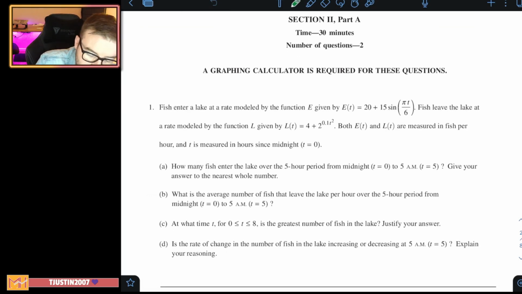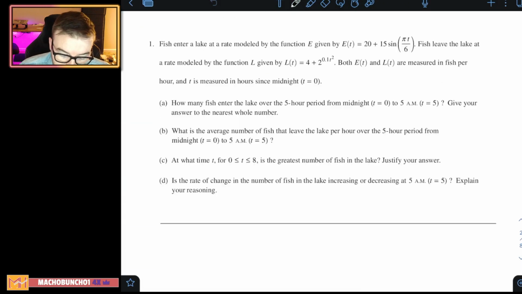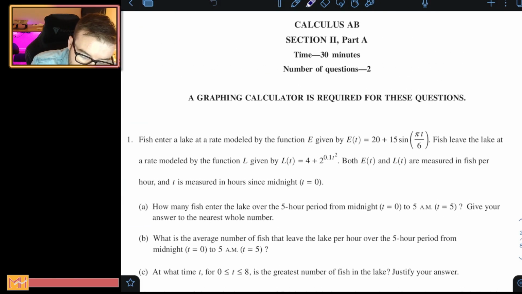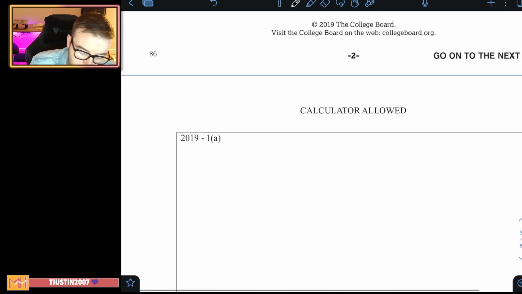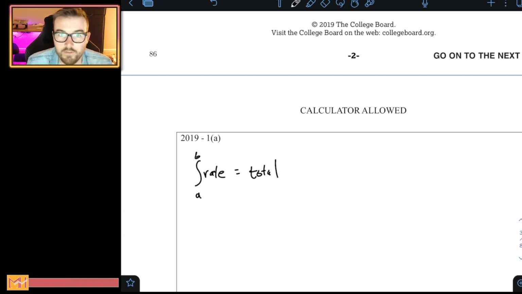So, to address this in general, let's look at the problem. What did they give us? They gave us a rate. These are functions that represent rates. So when you integrate a rate from A to B, the result is a total of some kind.